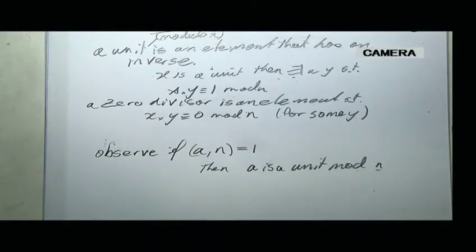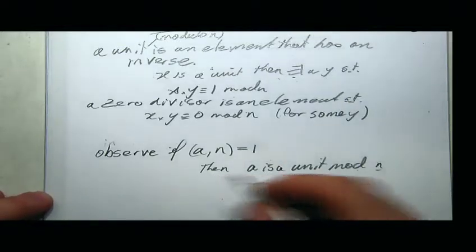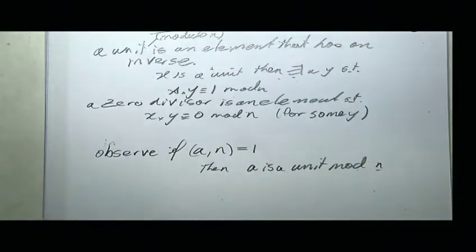So if my A and N are relatively prime, then it's a unit mod N. How are we doing? And so by implication, if they're not relatively prime, it would be a zero divisor, or 0. I'm assuming we're not actually trying this on 0, okay?